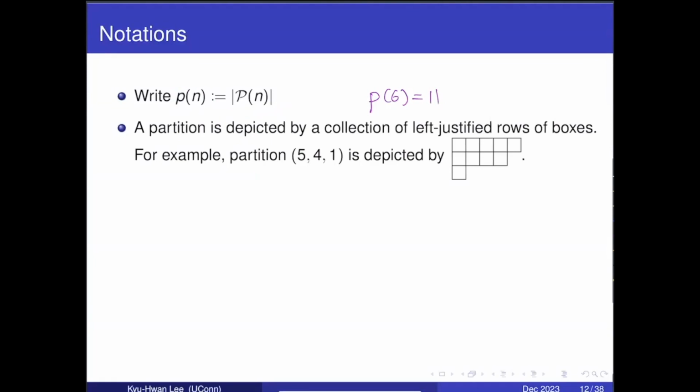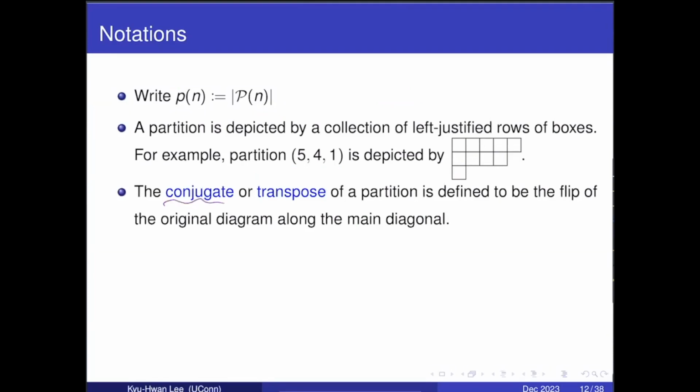A partition is depicted by a collection of left-justified rows of boxes in this way. For example, partition 541 is depicted by these rows of boxes. The first row has 5 boxes, the second row has 4 boxes, and the third row has 1 box. This is a standard way of depicting a partition.